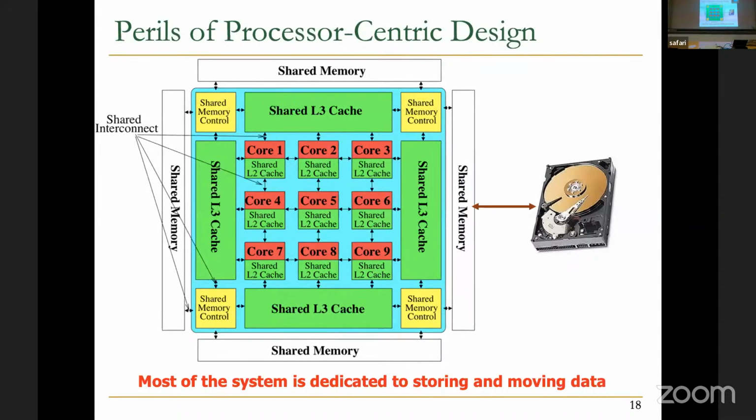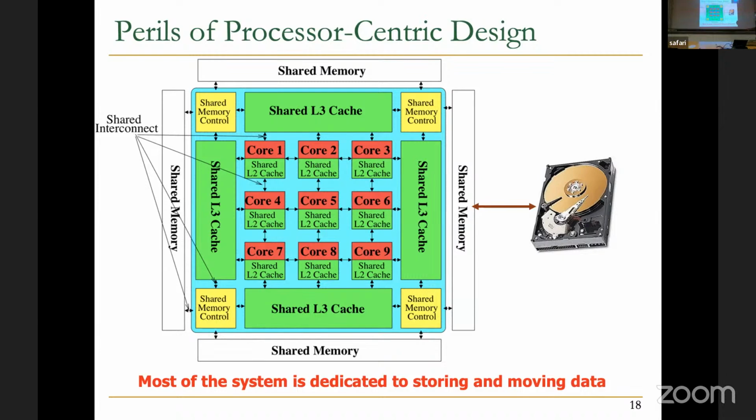This is a relatively simple, toy representation of a computing system, a multi-core CPU. As you see, it has 9 cores depicted in red, but the rest of the components are memory: either shared L2 cache or shared L3 cache, or the shared memory controller to access an external shared memory.